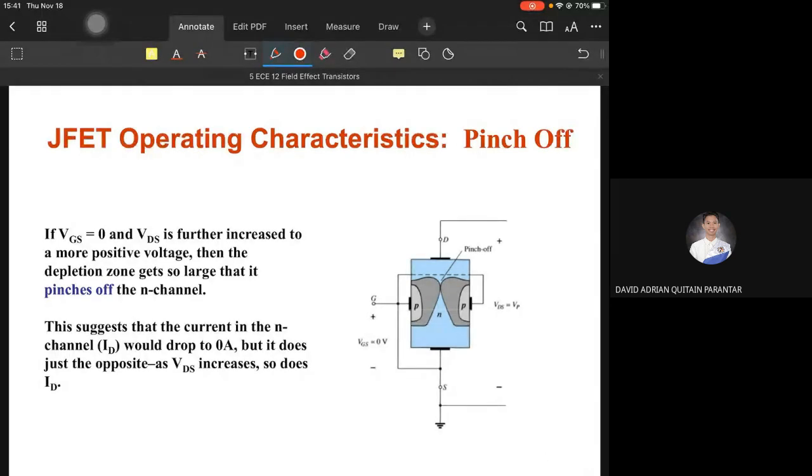If VGS is equal to 0 and VDS is further increased to a more positive voltage, then the depletion zone gets so large that it pinches off the N channel. Pinch off, such that the amount of current flowing through the device becomes constant. This suggests that the current in the N channel would drop to 0 amperes, but it does just the opposite. As VDS increases, so does ID.